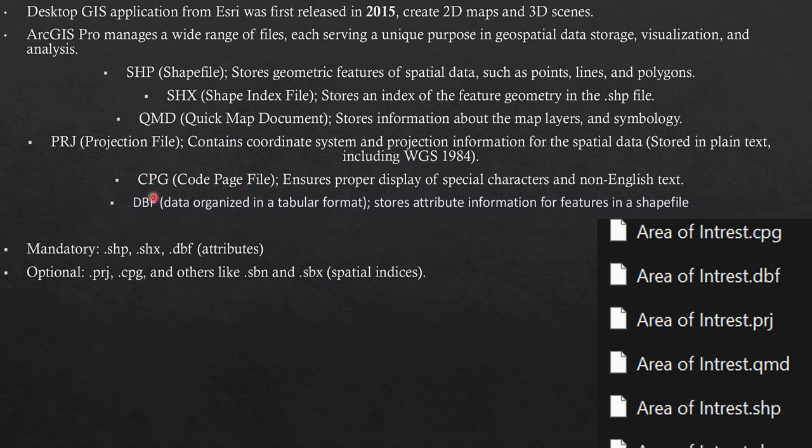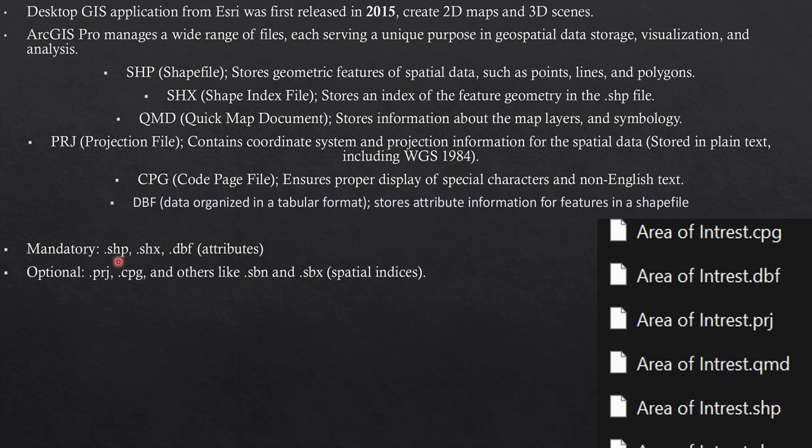The CPG file is the code page related file, and the last one is the DBF, data organized in a tabular format. So these are all the different files which are stored automatically when you save your file or your work in ArcGIS Pro.